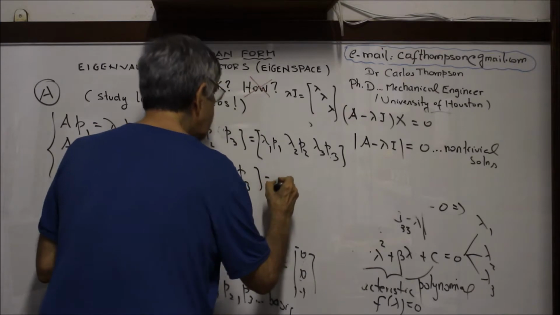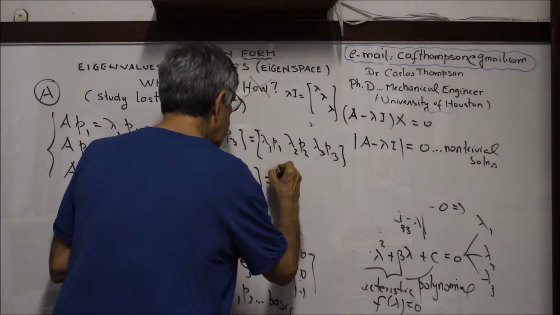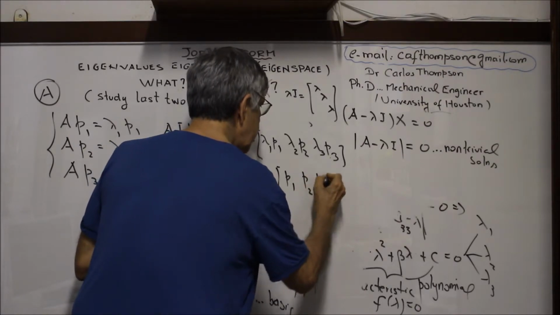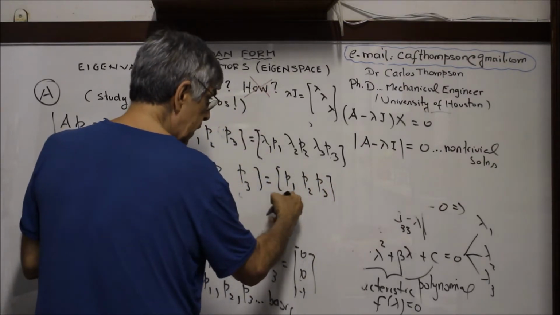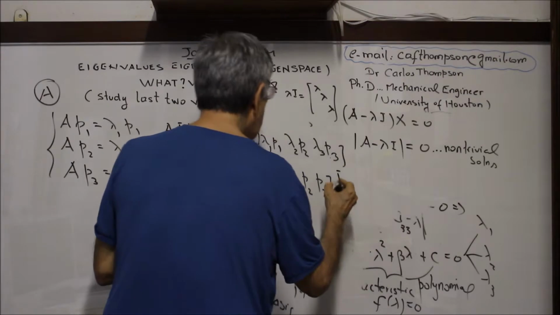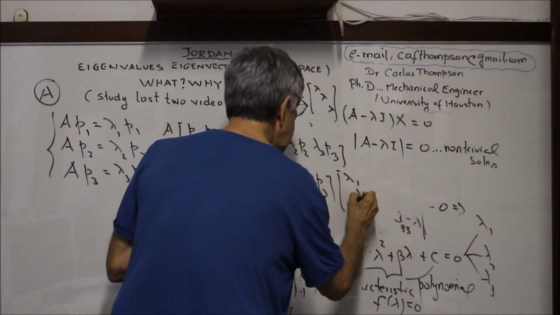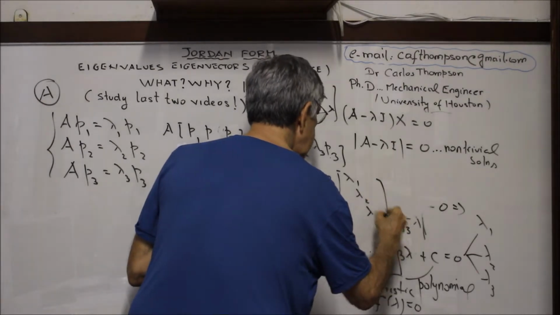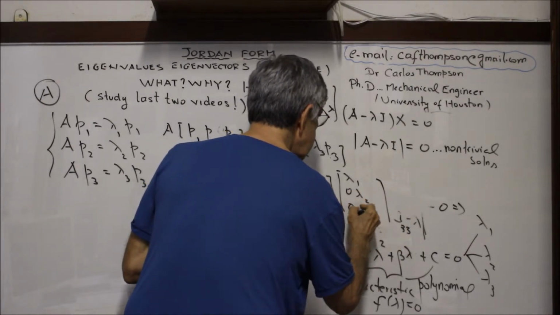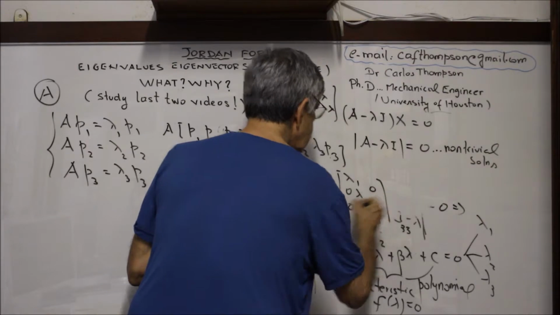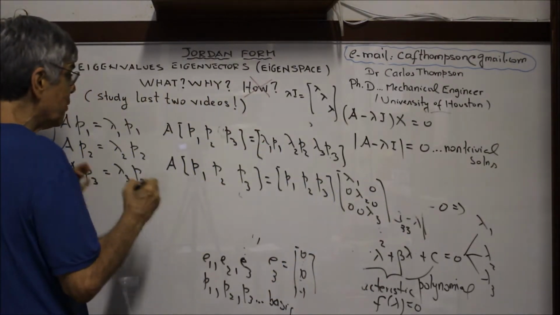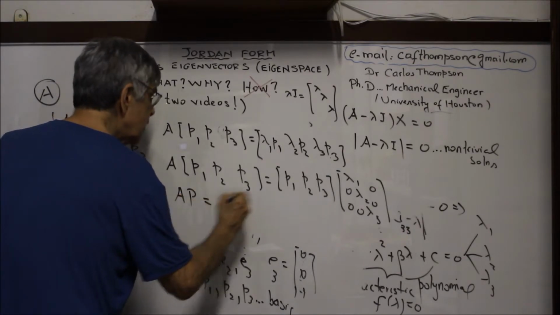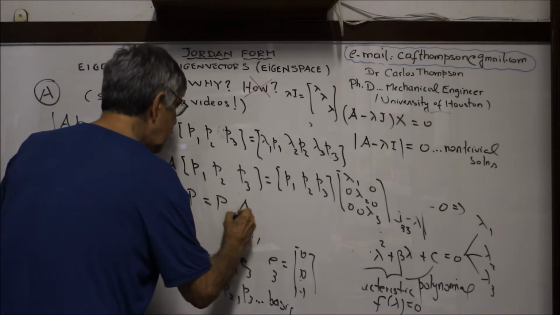This is equal to P1, P2, and P3, that's a matrix, times, I'll write down here, lambda 1, lambda 2, and lambda 3, with 0s elsewhere. Now AP is equal to P lambda.